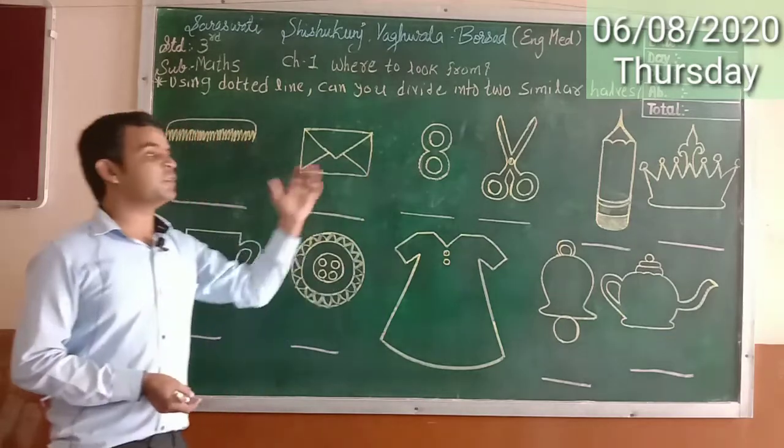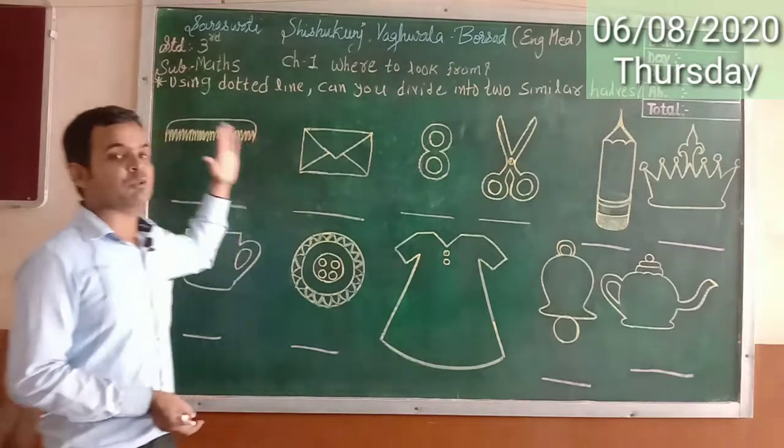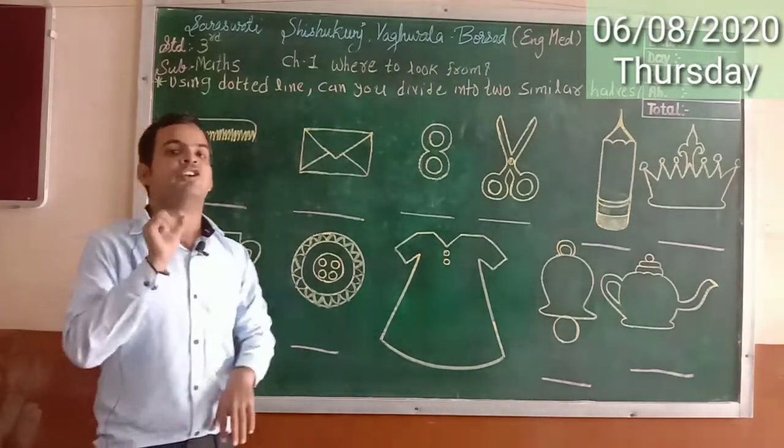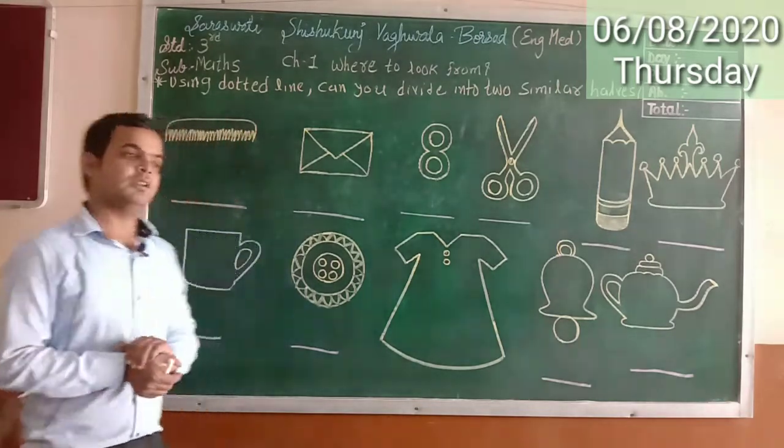These pictures are given, and in each picture we have to draw one dotted line. We have to decide whether these figures are mirror halves or not. So now let's start from the first figure.